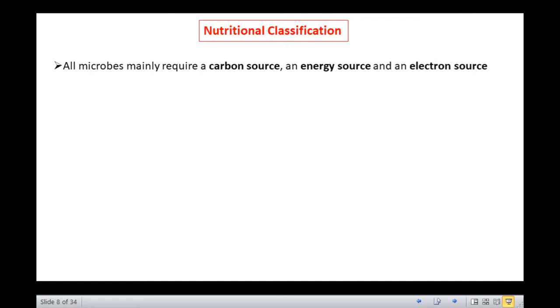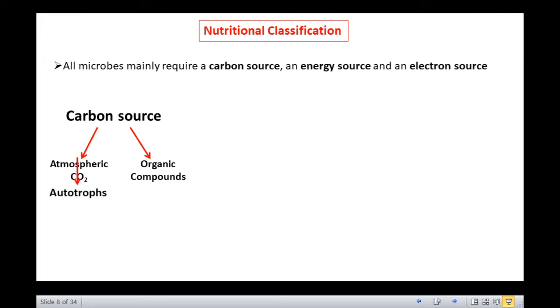Microbes can obtain carbon, which is the most important component of cellular macromolecules, either from atmospheric carbon dioxide or from organic carbon compounds in the environment. The former are called autotrophs and the latter heterotrophs.